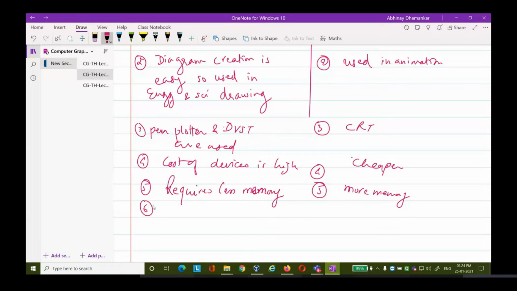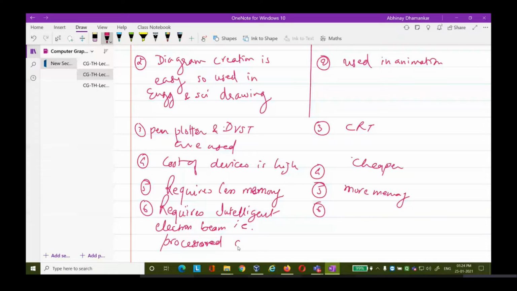Sixth one: it requires an intelligent electron beam, that is, processor controlled.